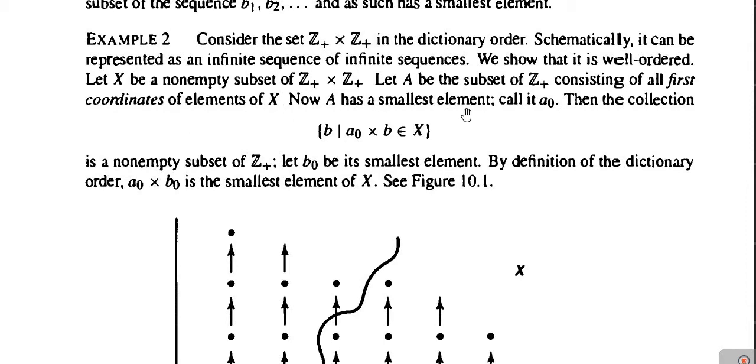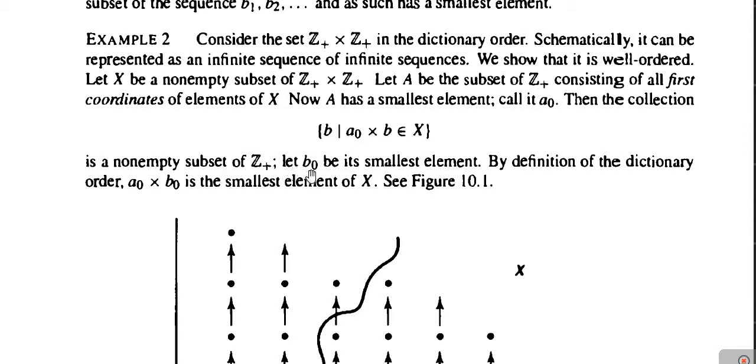Then A has the smallest element. Suppose the smallest element of the set A is A0. Then the collection, which is the set consisting of all elements B such that A0 cross B belongs to X, is a non-empty subset of Z plus.